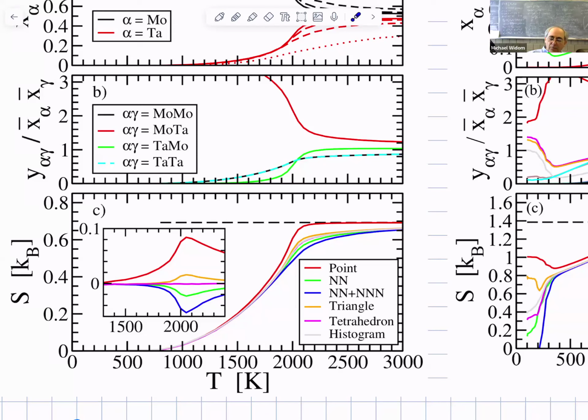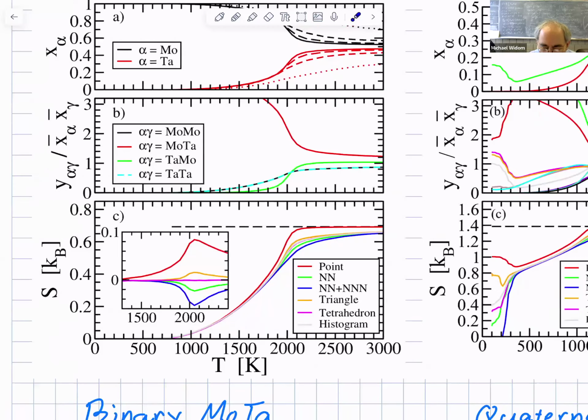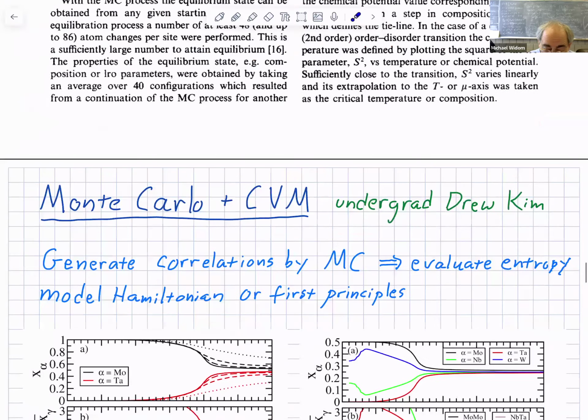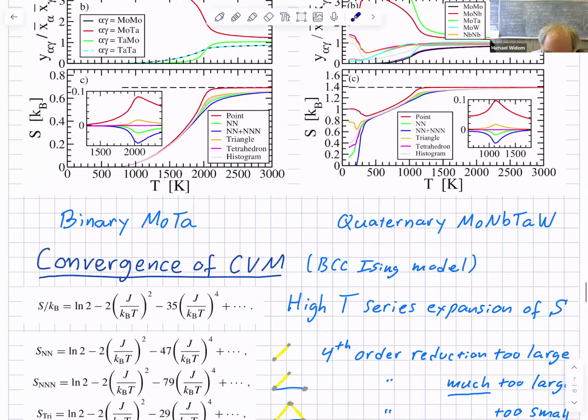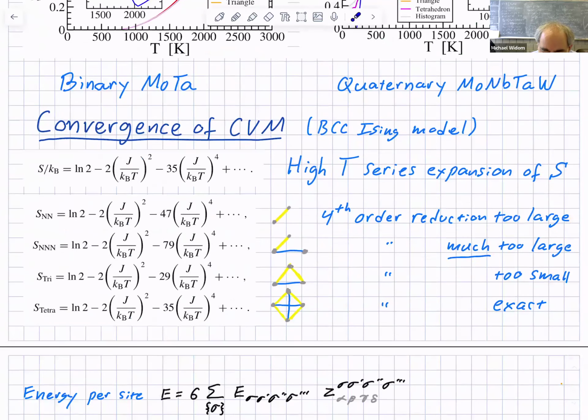Yeah, so I would say also in terms of this convergence, I pointed out that in the CVM there are questions of what is the correct sequence. Like, should we go from a pair to 2 pairs to 3 pairs and so on?